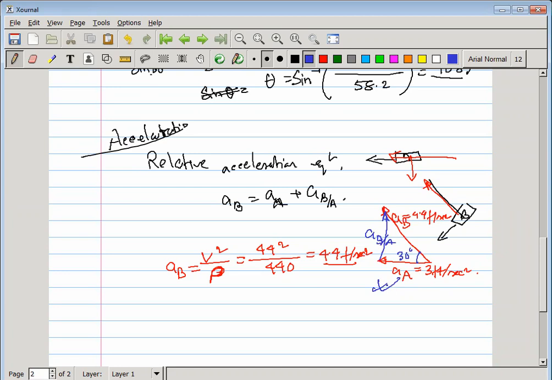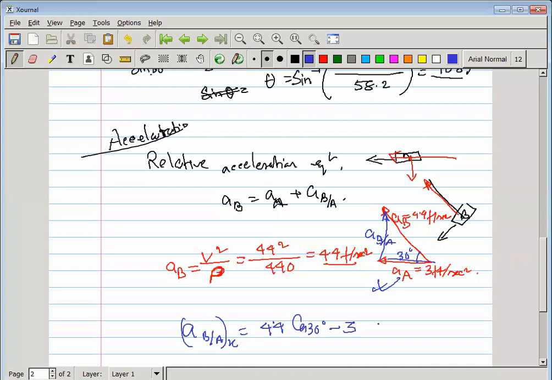Now we have to find out the acceleration with respect to the x-axis. So how do we solve? See, a b by a, if we want to solve along x, then we get 4.4 cos 30 minus 3 along this direction.